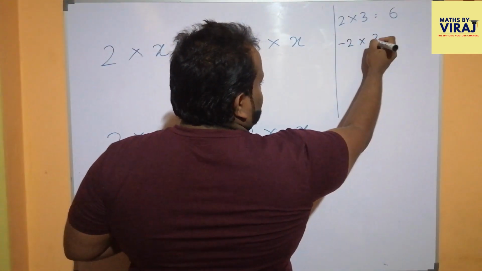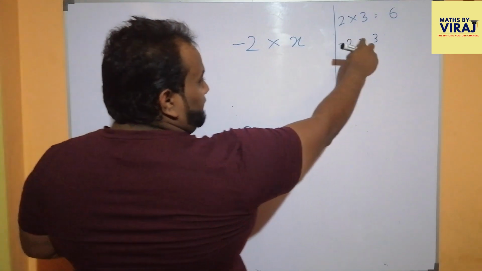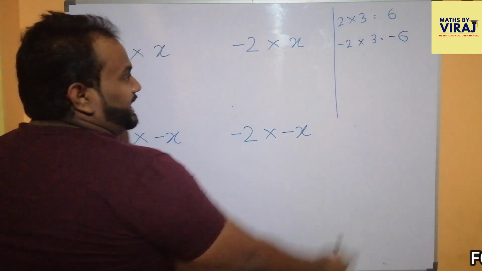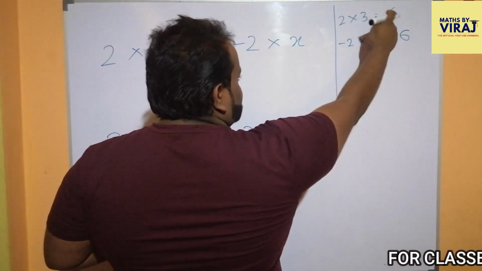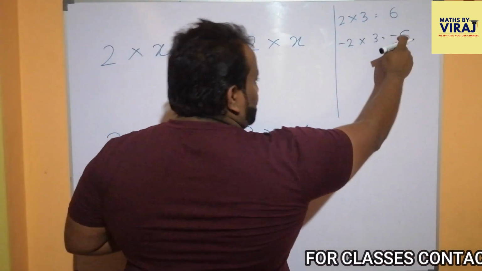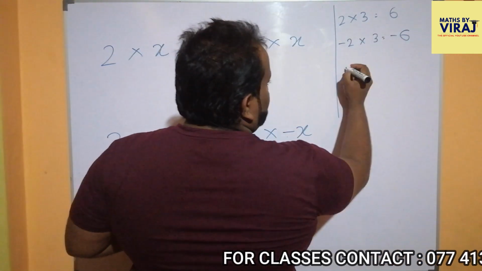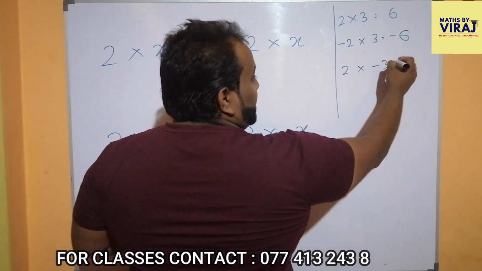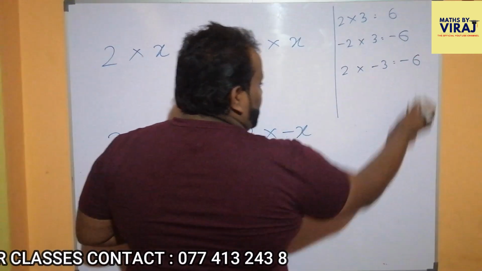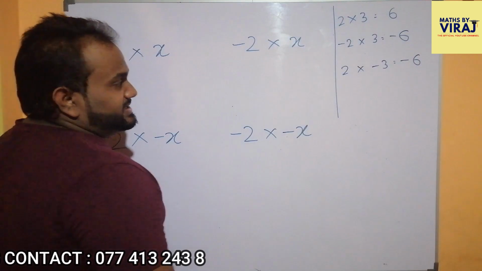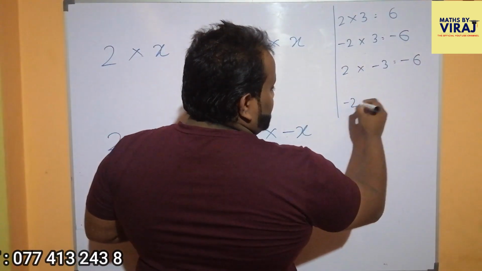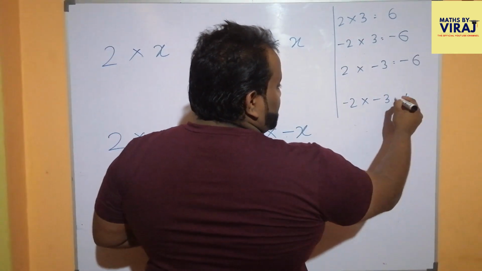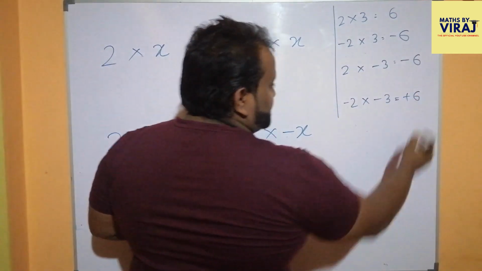Minus 2 into 3, minus number multiplied by a plus number, minus 6. Because you know that plus into plus is plus, minus into plus is minus. Similarly, 2 into minus 3, plus into minus is minus. Therefore, the final answer is minus 6. Minus 2 into minus 3, minus into minus, plus 2 into 3, 6.